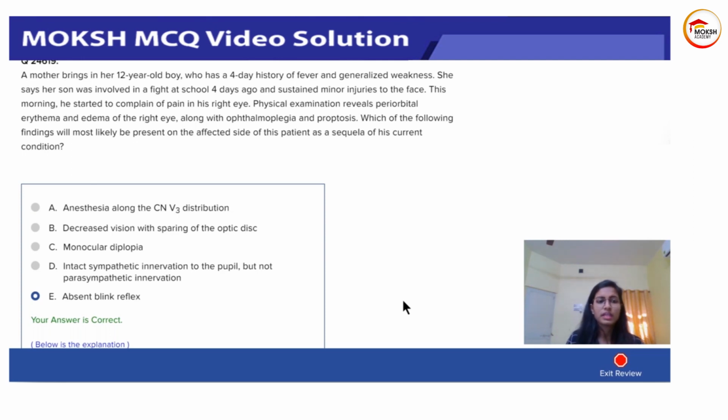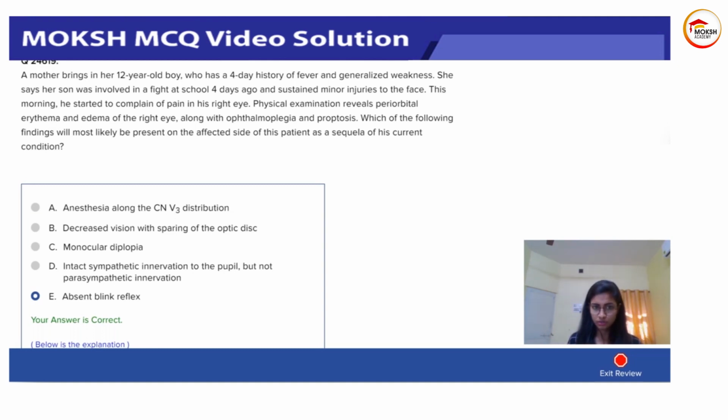Okay, intact sympathetic innervation to the pupil and not the parasympathetic. So as I mentioned before, the internal carotid artery passes through the cavernous sinus. And as I mentioned in the previous question, the internal carotid artery has a sympathetic plexus over its wall.